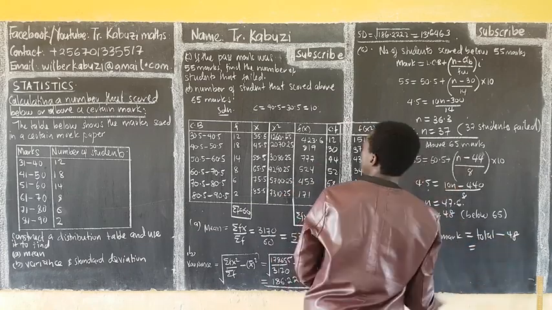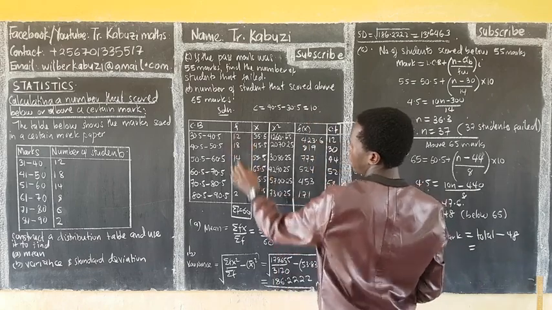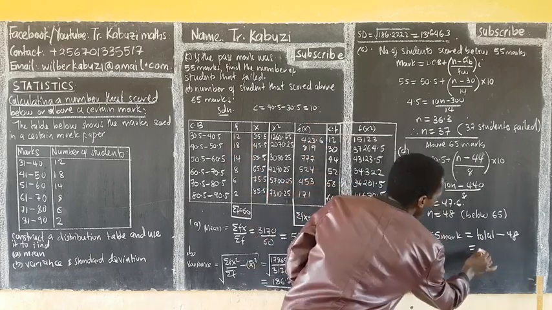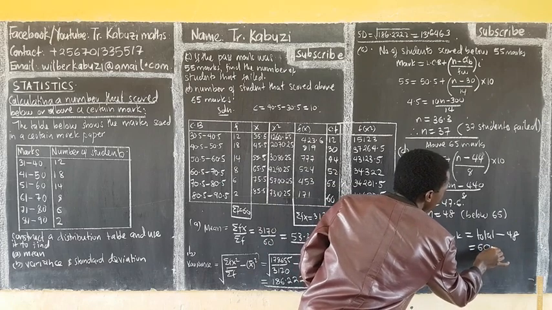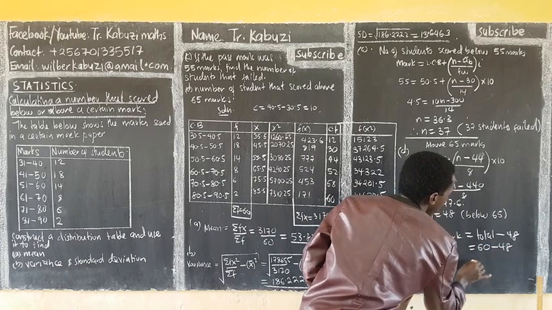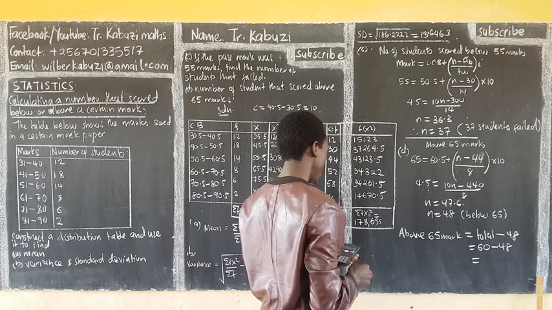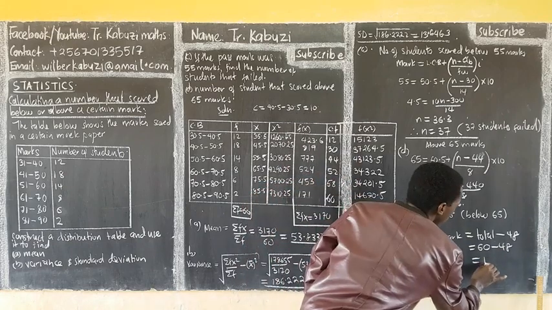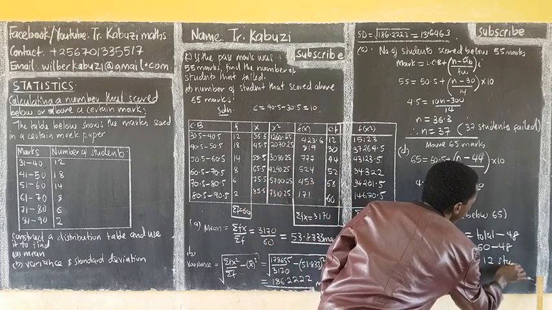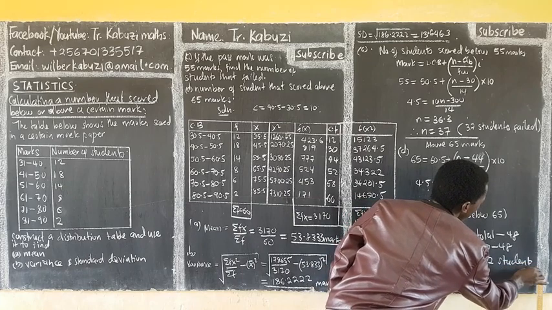The total number of students in that class was 60. So we get 60 minus 48. Then you simplify that, I think we get 12 students.